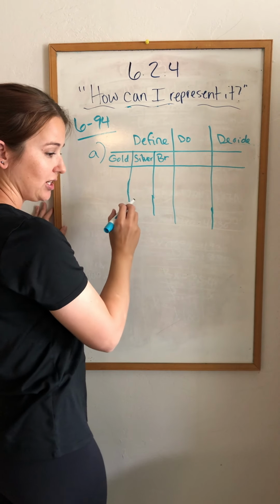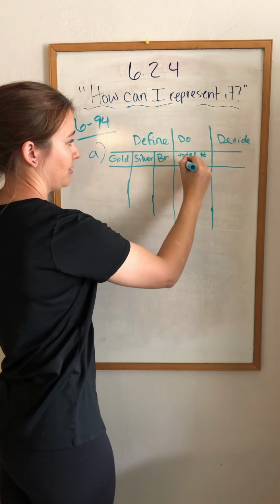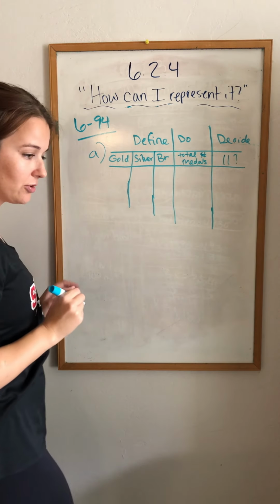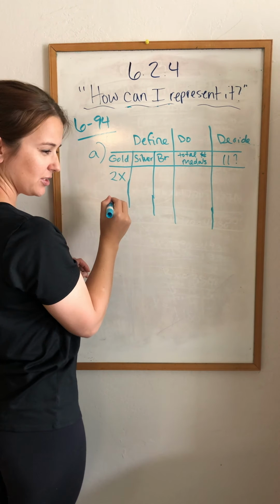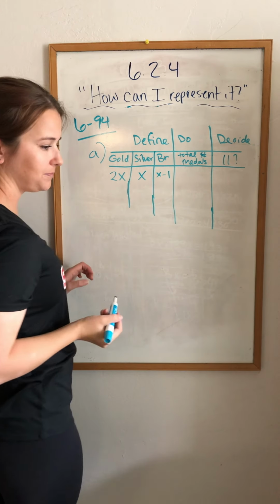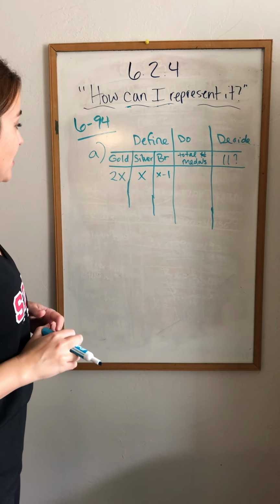So it looks like she put total number of medals, and then she put 11 question mark, because that was the total. So the number of gold she put as a 2x, silver she put x, and bronze she put x minus 1. So part A says, what did she define x to represent?